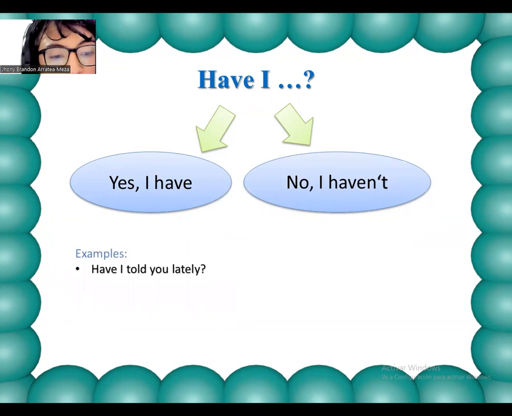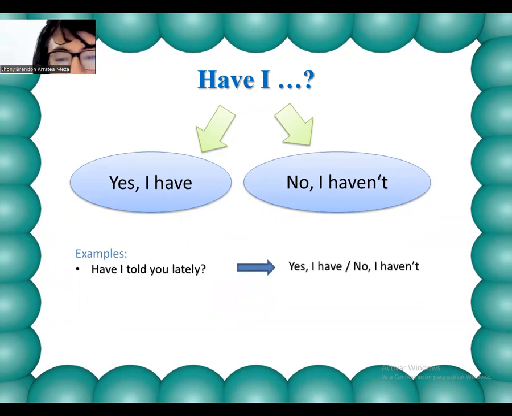Have I told you lately? Let's see the answers. Yes, I have. No, I haven't. Well, we also respond, no, I have not, but it's most usual to see the contraction. No, I haven't.